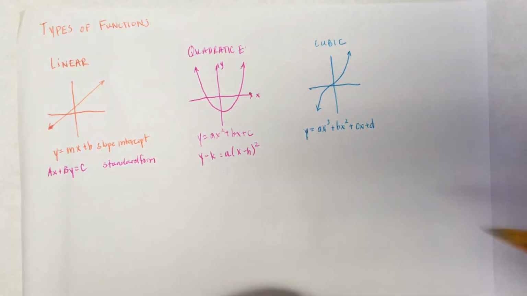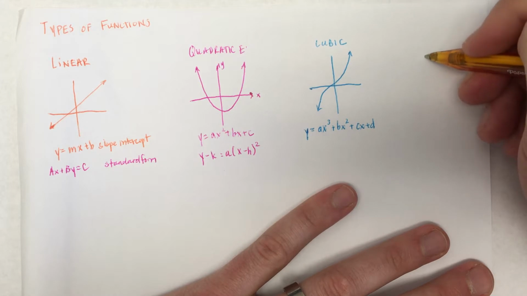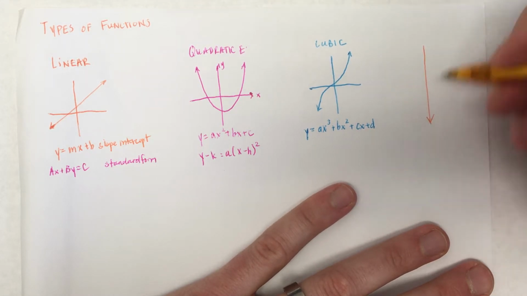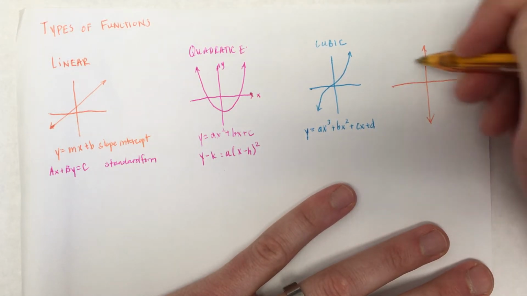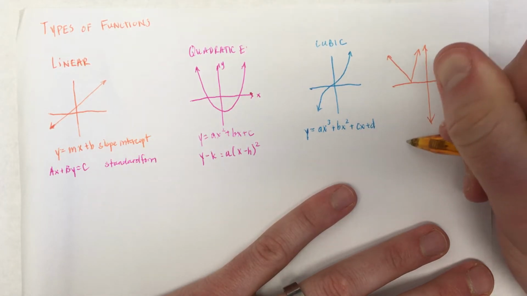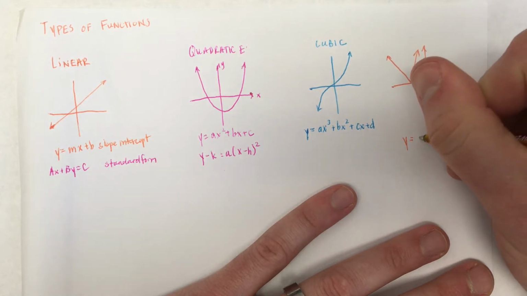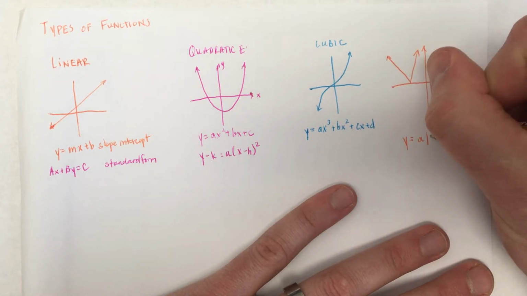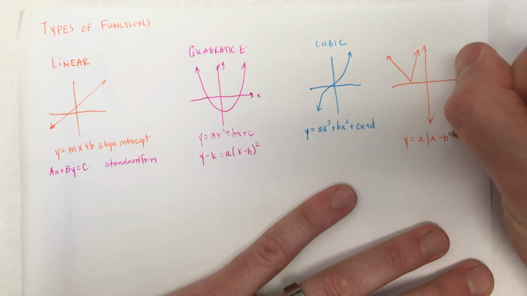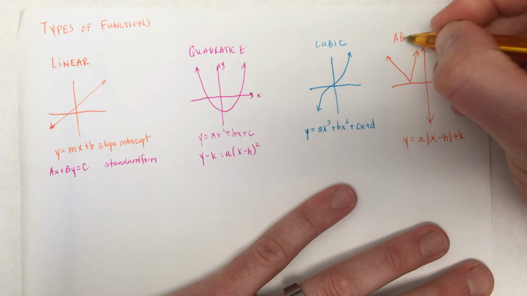I'm just trying to think of all the ones we've done in our time here. Absolute value, where it's like two linears. So this would be y equals a times the absolute value of x minus h, quantity, plus k.